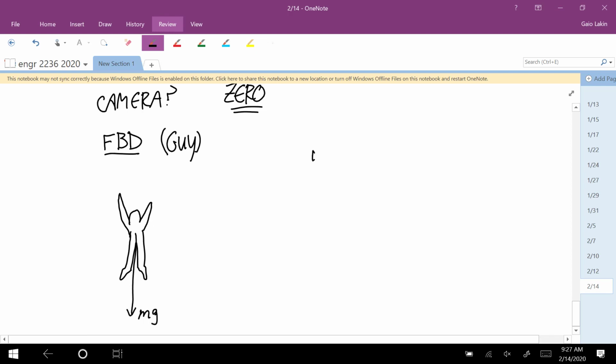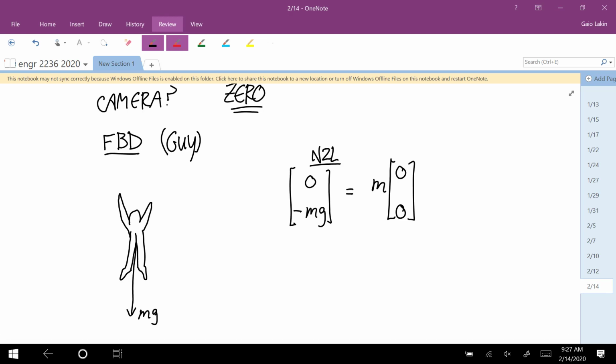Now if we go to Newton's second law, we have 0 and negative mg is equal to the mass of the guy times the acceleration. And you can see that it doesn't hold.